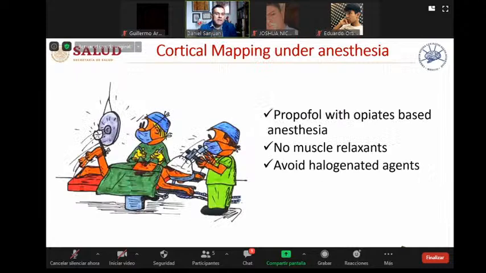For general anesthesia, propofol, opiates or fentanyl, for example, are needed, with no muscle relaxant, and avoiding the gases.